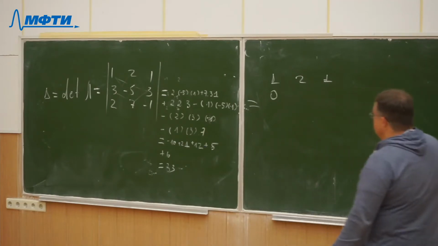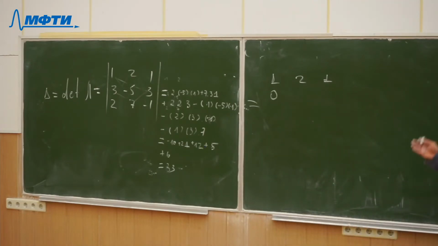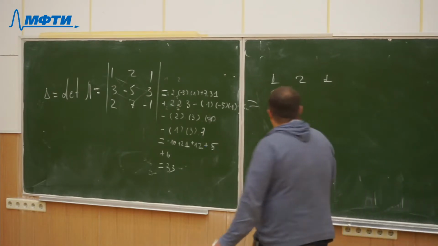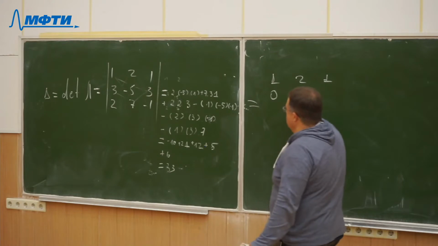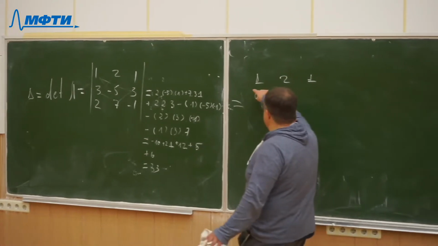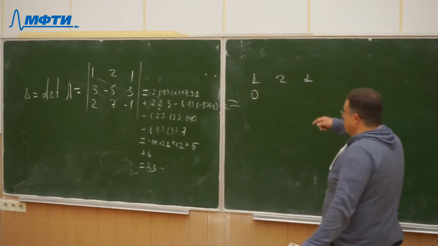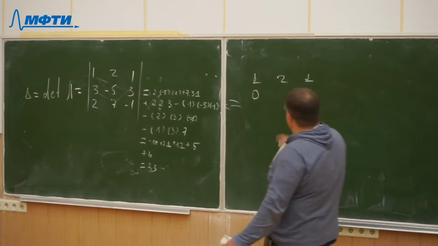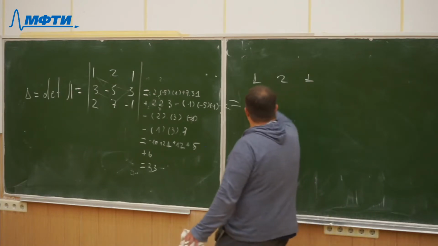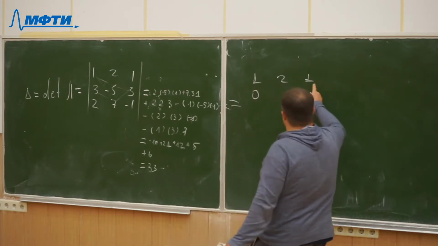But I can demonstrate once again a simpler method, namely, let's multiply the elements of the first row by 3 and subtract from the second row. What do we have? The first row is the same: 1, 2, 1.